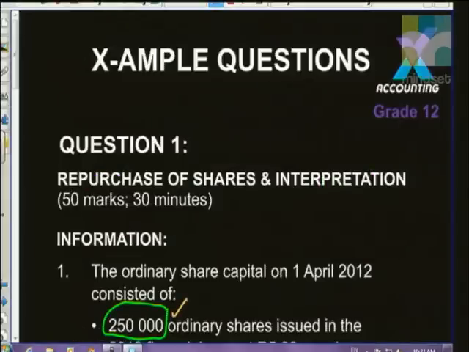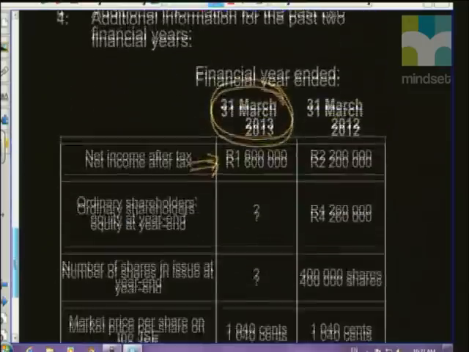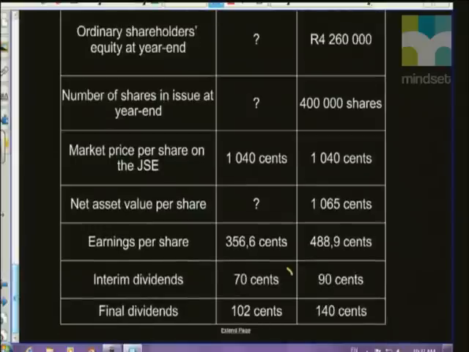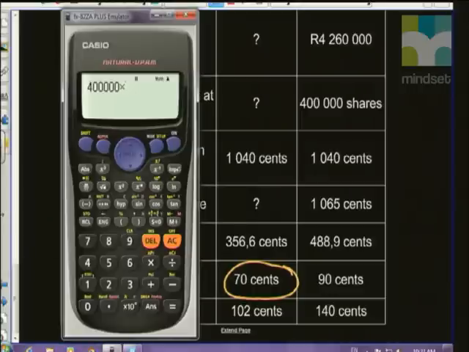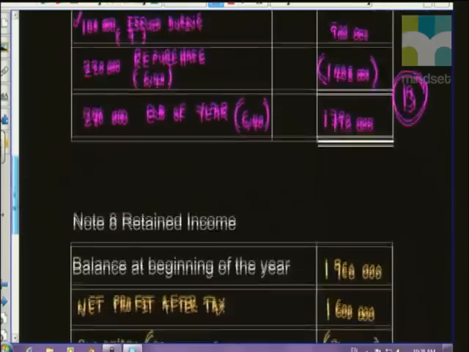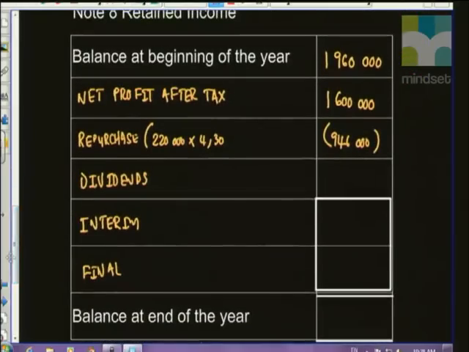Let's find it. The interim dividend was, in terms of my information, 70 cents per share. Therefore, multiply that by 7 to give me an answer of 280,000 rand. What is the 280,000 rand? Remember, the 280,000 rand is my interim dividend.